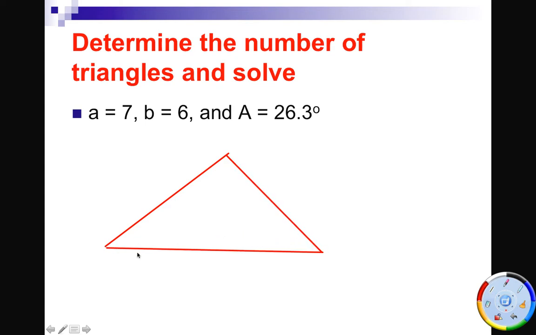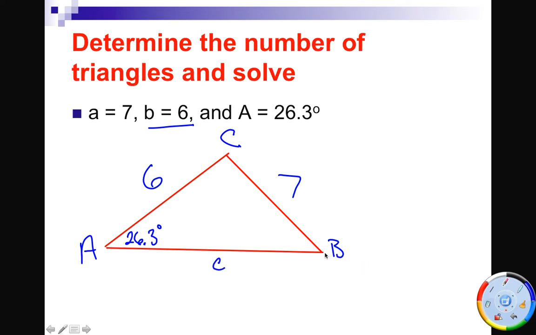I don't even care what it looks like. And then I'm going to say, okay, since the given angle is A, I'm going to call this angle A. So this is 26.3. The side opposite is 7, and the other side given is 6. So notice I drew this direction. So this is little b, that means this is big B, this is big C, little c.